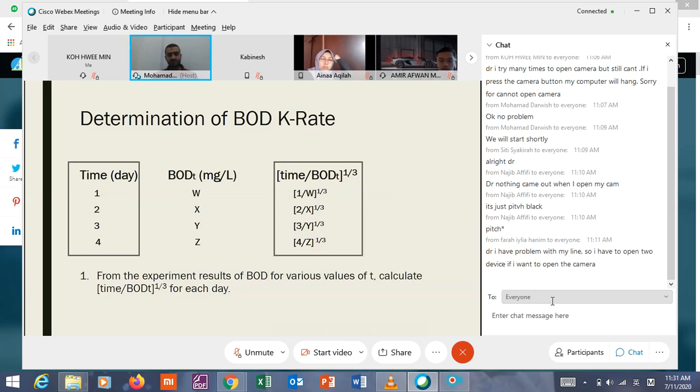Now, from the experiment results of BOD for various values of T, we calculate this term, as we said, for each day.